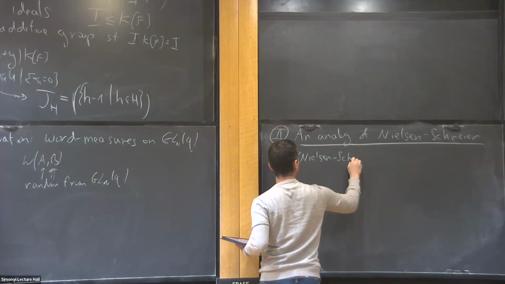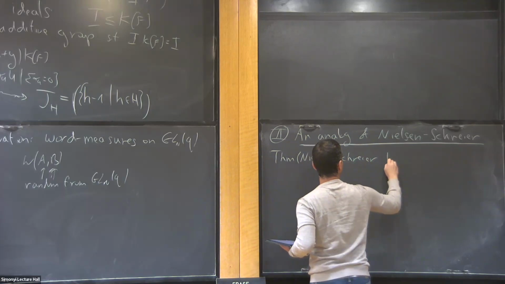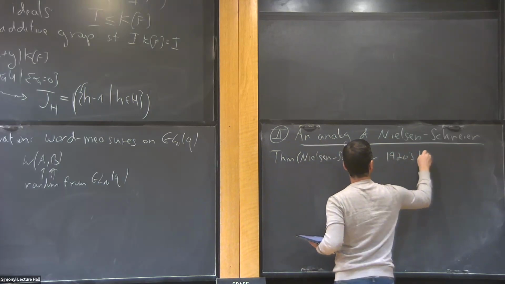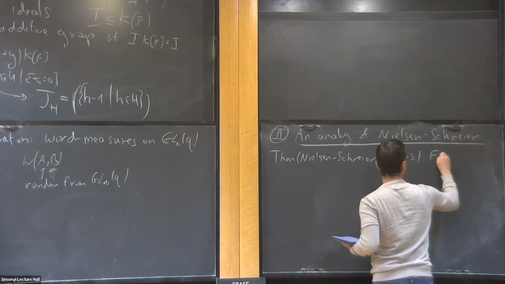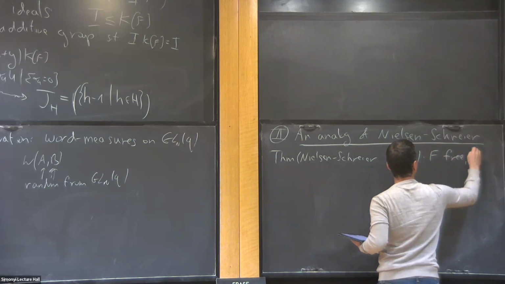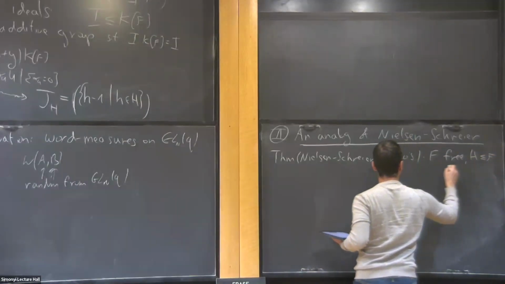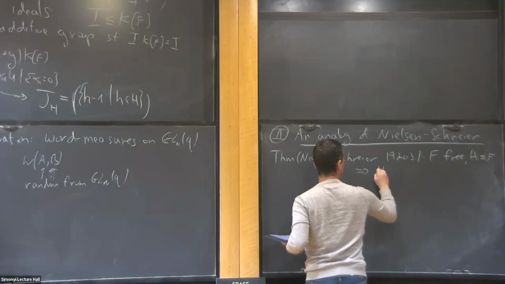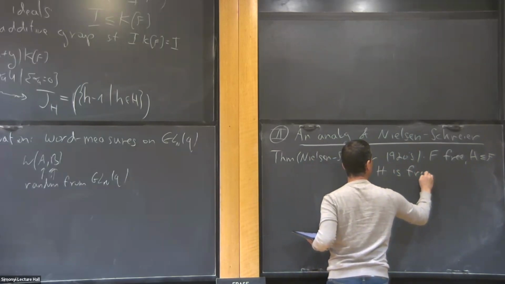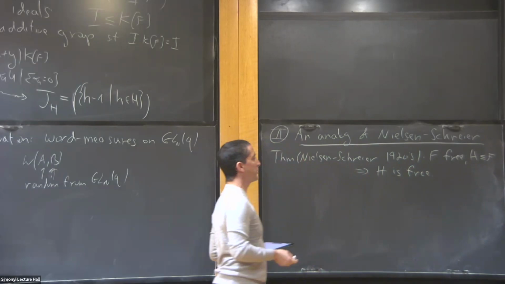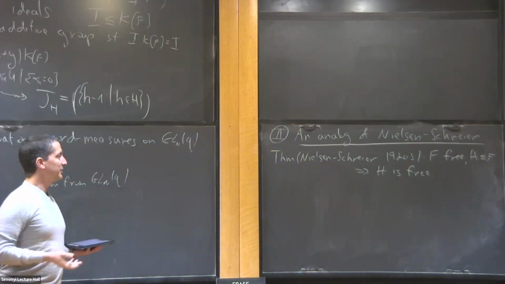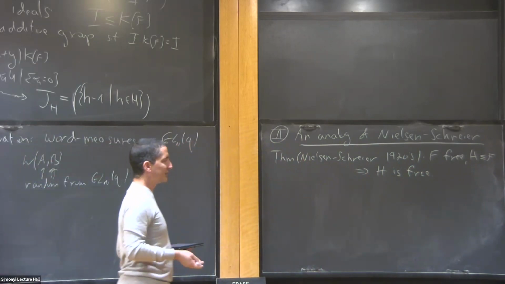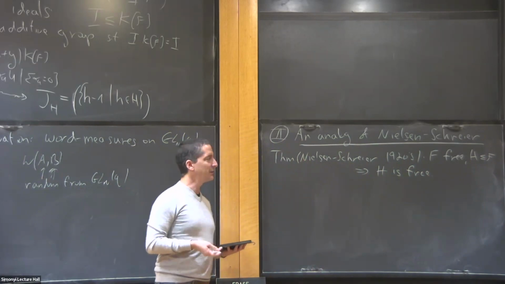This is a theorem from the 1920s, which says that if F is free and H is a subgroup, then H is free. This is a very basic theorem about free groups. And of course, when you think about it the right way, it's a very easy theorem.